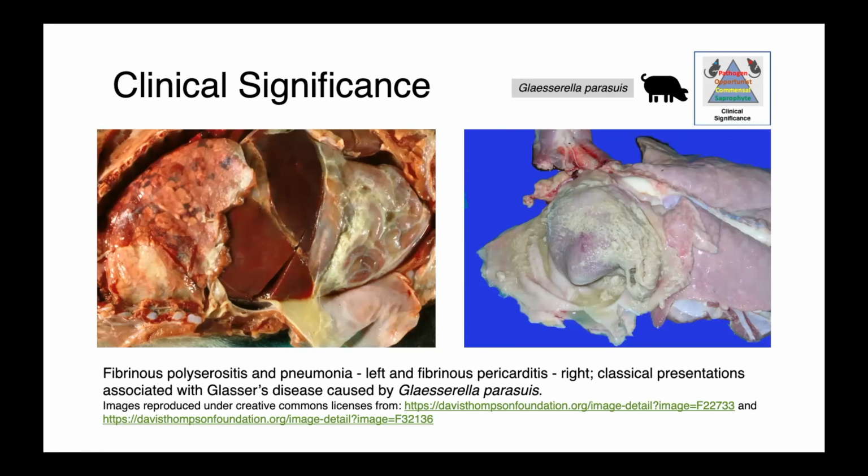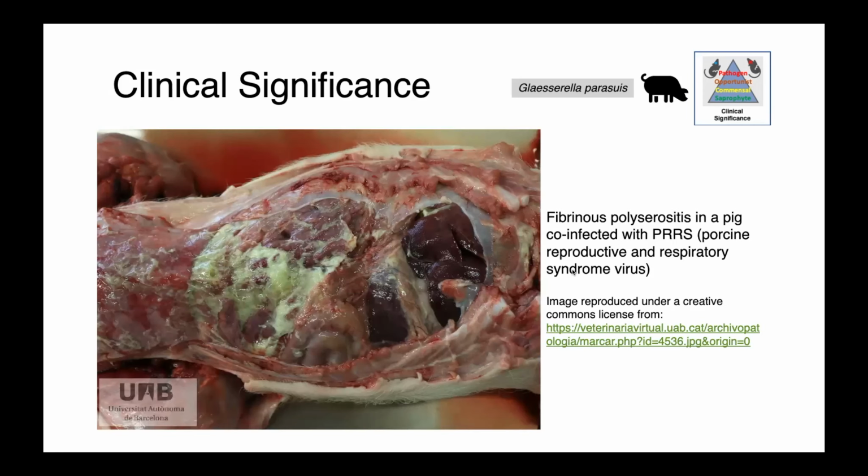These lesions, as I understand, are oftentimes very, very pronounced. You'll see a lot of fibrin deposition on the serosal surfaces of tissues. So lots of fibrin should raise Glaesserella parasuis up on your differential list. And then finally here, we can see fibrinous polyserositis involving multiple organs.